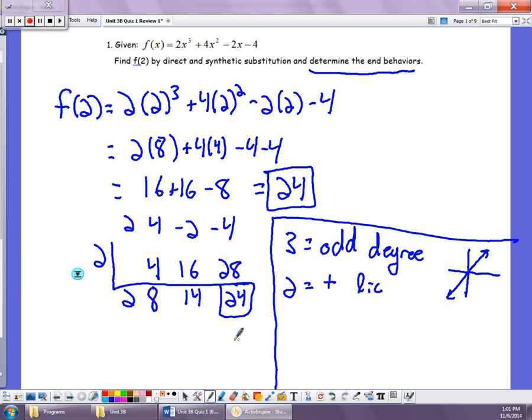So I just draw that in there so I have something to look at, and then I write as x approaches infinity, f of x approaches infinity, and as x approaches negative infinity, f of x also approaches negative infinity. And that's all you had to do for that one.